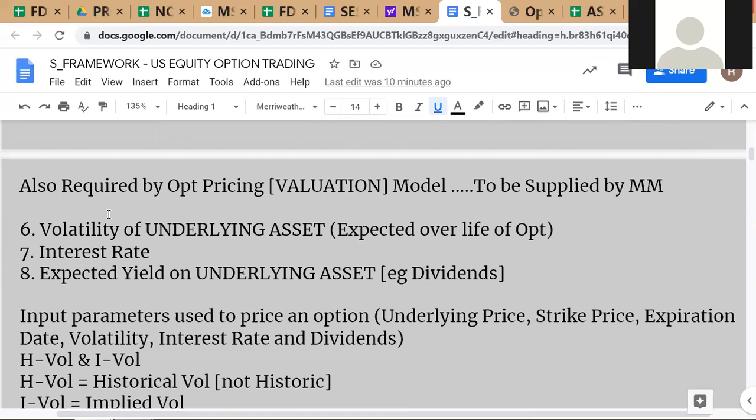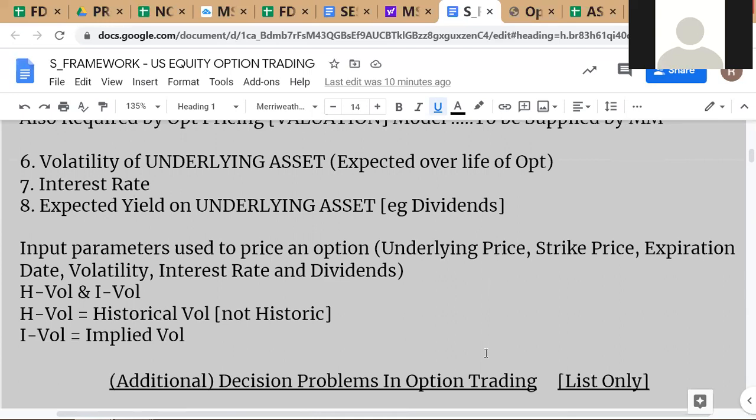And additionally, the option pricing model requires a few other inputs, which will be supplied by the market maker: volatility, interest rates, and the expected yield. I have written this in a very general sense as yield, and dividends will be one type of yield.